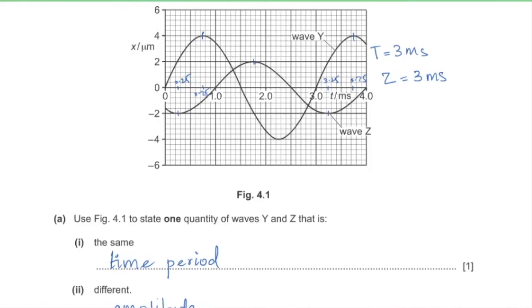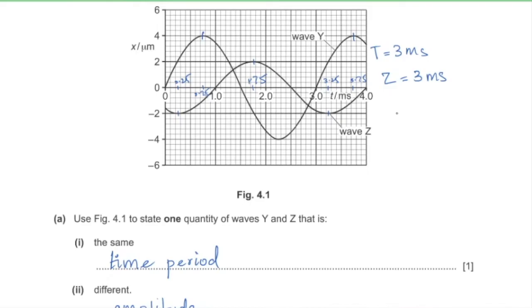The first peak over here is appearing at 1.75 milliseconds, while that on wave y is appearing at 0.75 milliseconds. So the difference between them is 1.75 minus 0.75, so the difference is 1 millisecond.